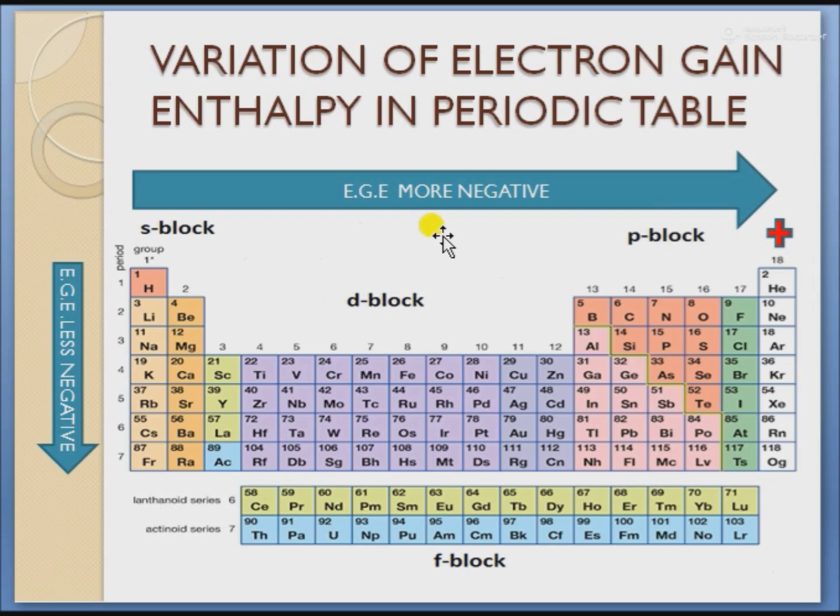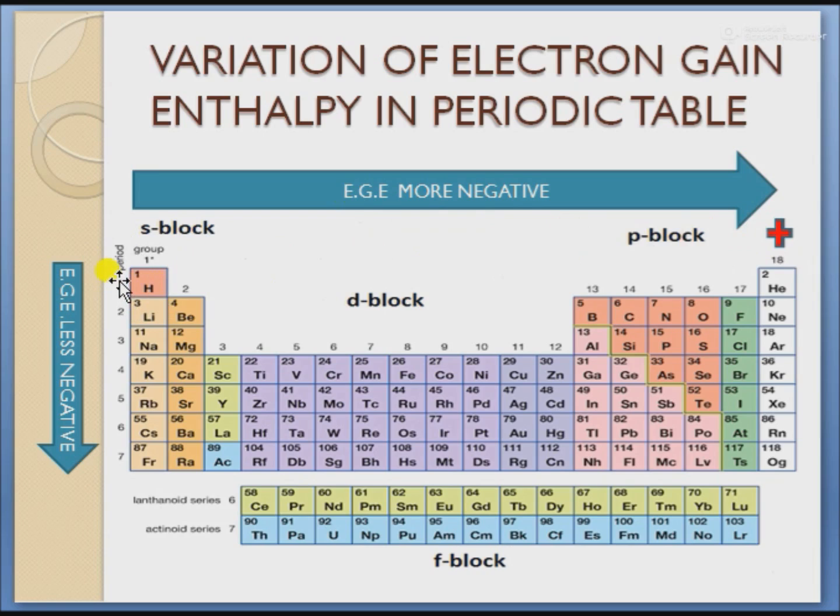As the nuclear charge increases, outermost electrons are more tightly held by the nuclear attraction, and it is difficult to add an electron to the outermost shell. Hence, more energy is required to add an electron. That's why their electron gain enthalpy becomes more negative when we move from left to right in a period.